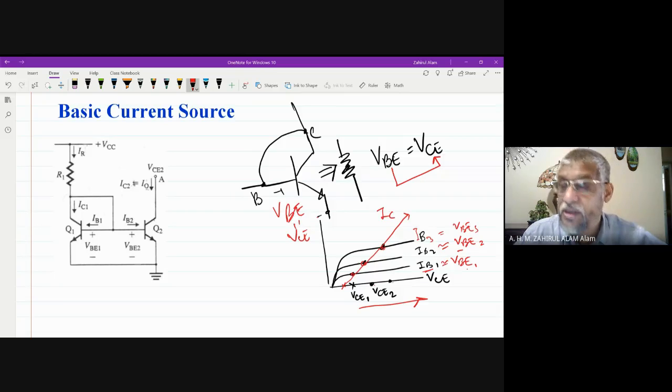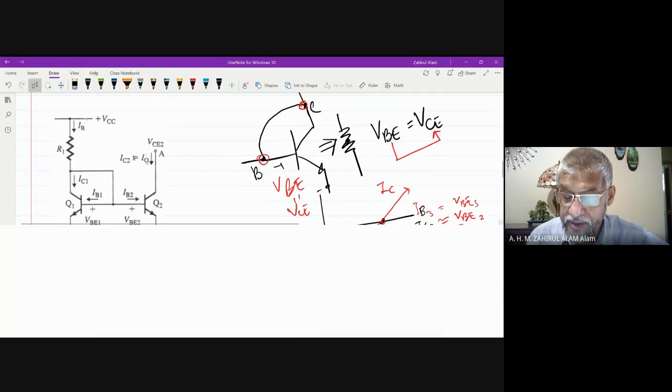It is almost linear. So when we connect the transistor this way, it can be used as a resistor instead of using this resistance.